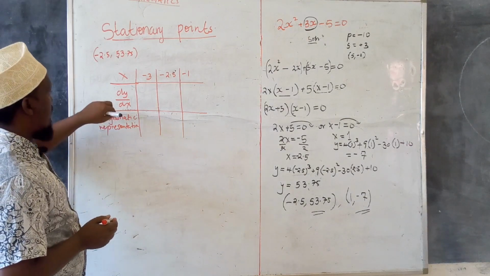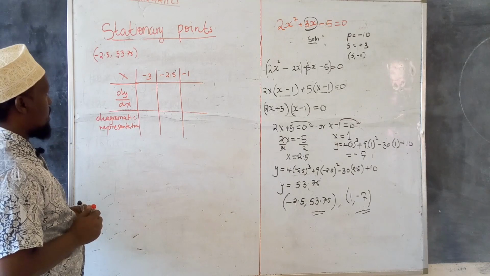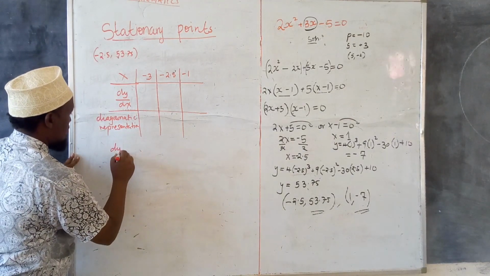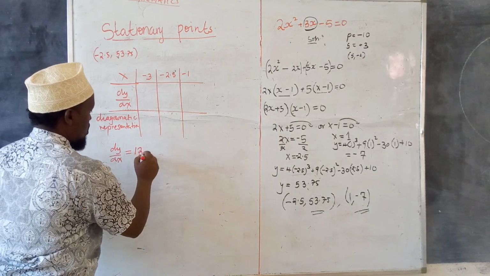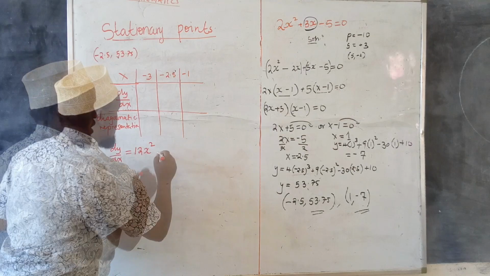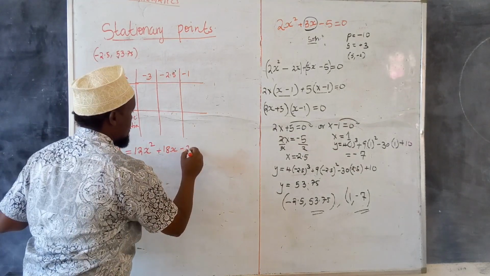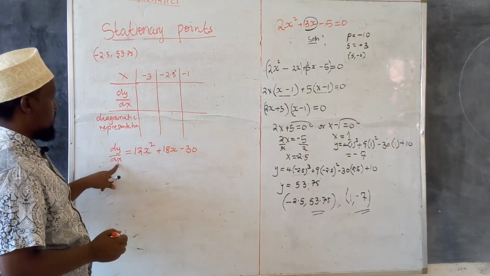Now we have to find the gradient when the value of x is -3. And remember, our gradient was dy/dx = 3x² + 18x - 30. So here we have our gradient function.